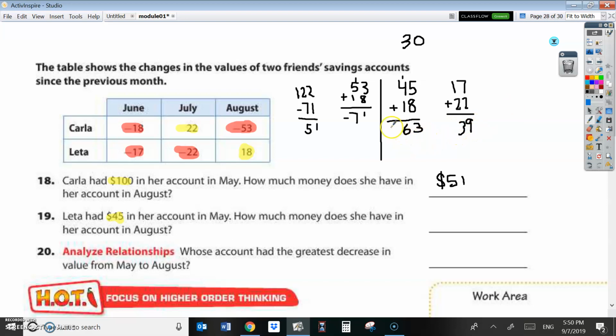Now take her positive amount and subtract her negative amount. 63 minus 39. 5 here and a 3 here. 13 here. So Lita has $24.